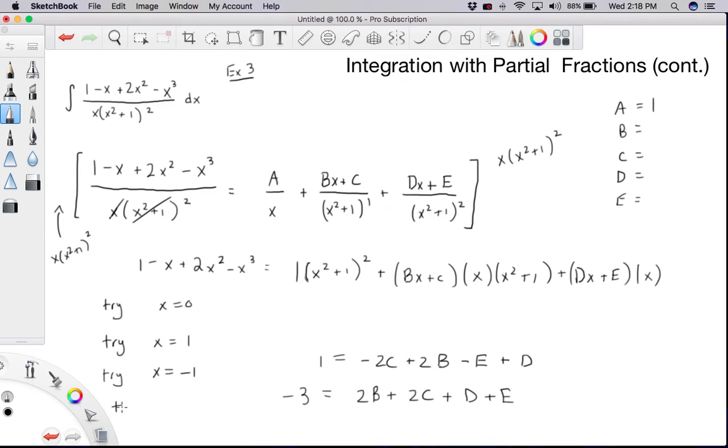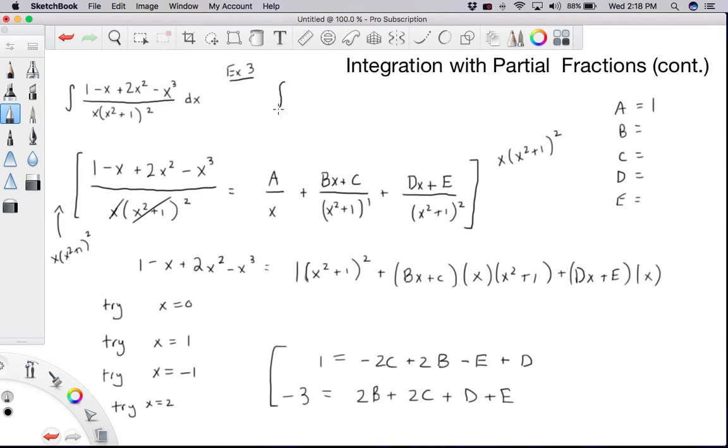So we should probably try x equals 2 and see what happens. I'm actually going to rewrite these 2 equations somewhere else on the screen if I can find some room, because I need that area to work with.